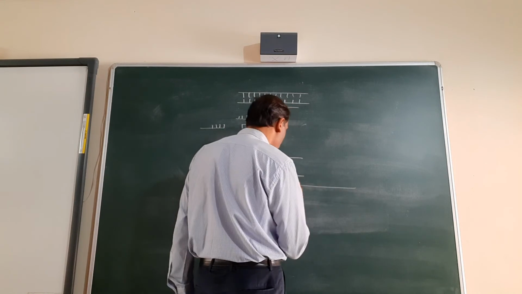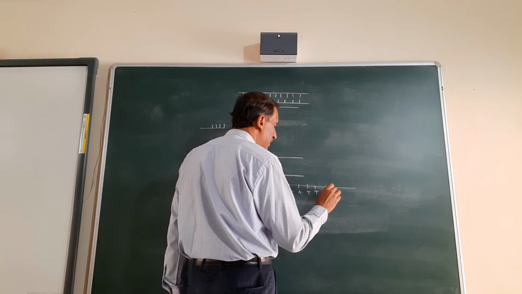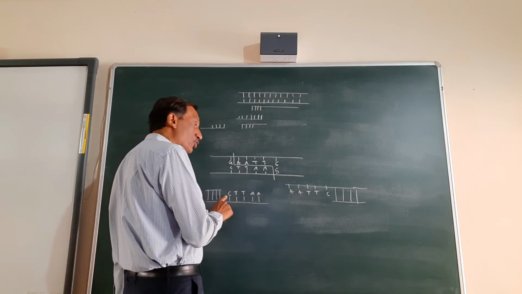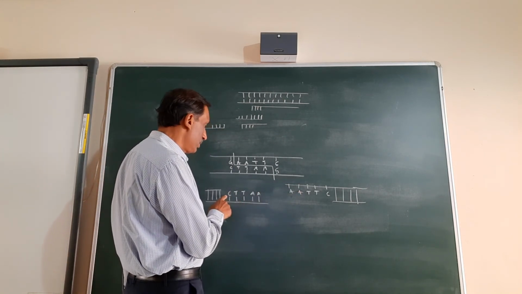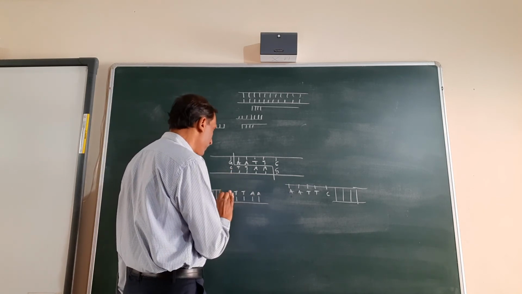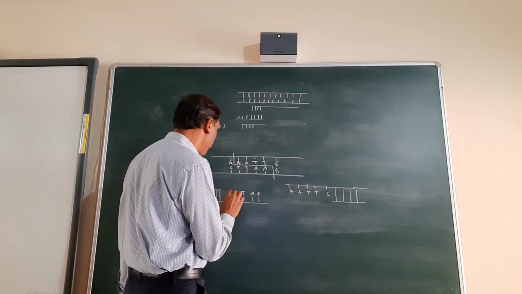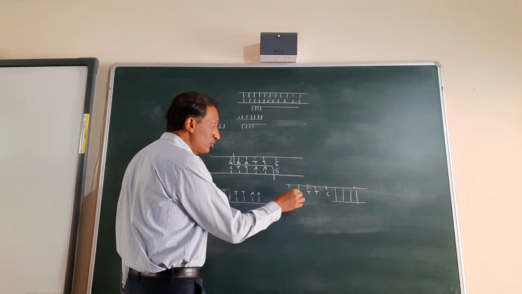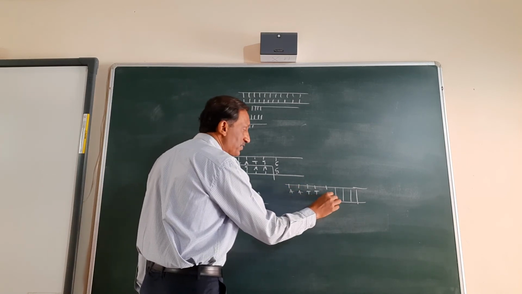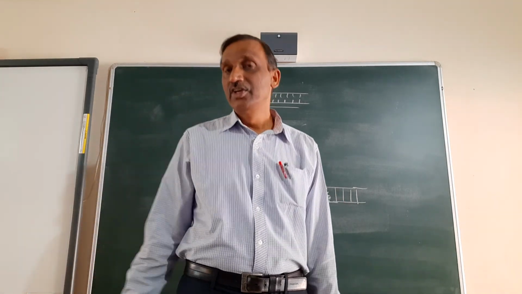On the other one also, it will be A, A, T, T, C. So when they are brought close, this A will form a bond, this T will form a bond, and so on. Okay. So these sticky ends will attach or join together.